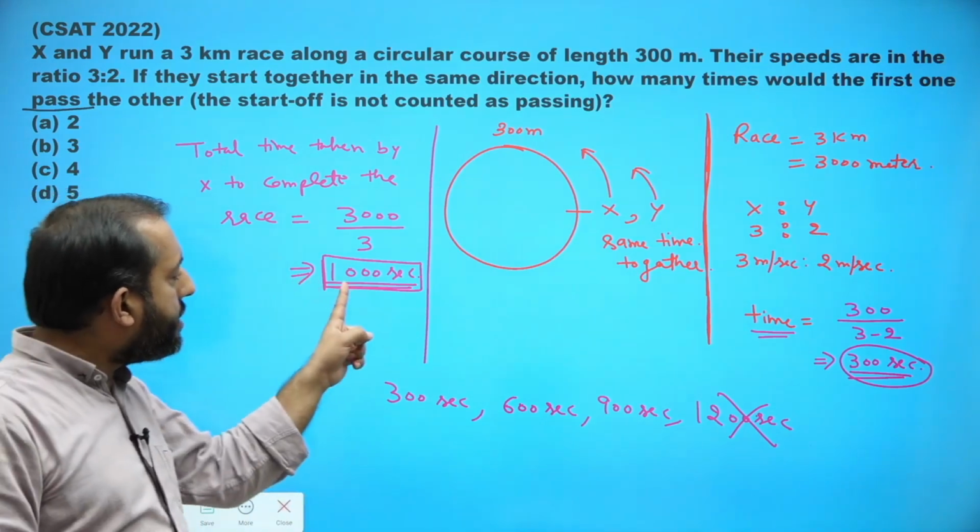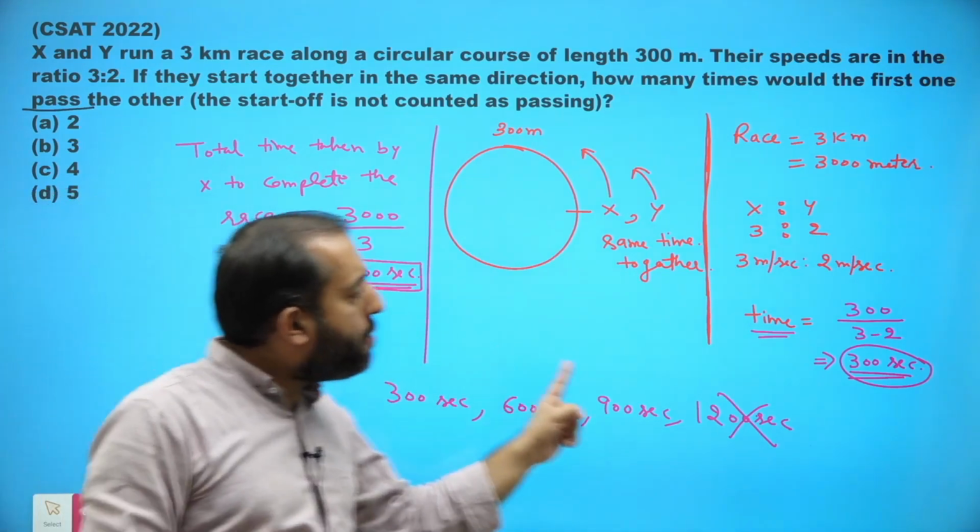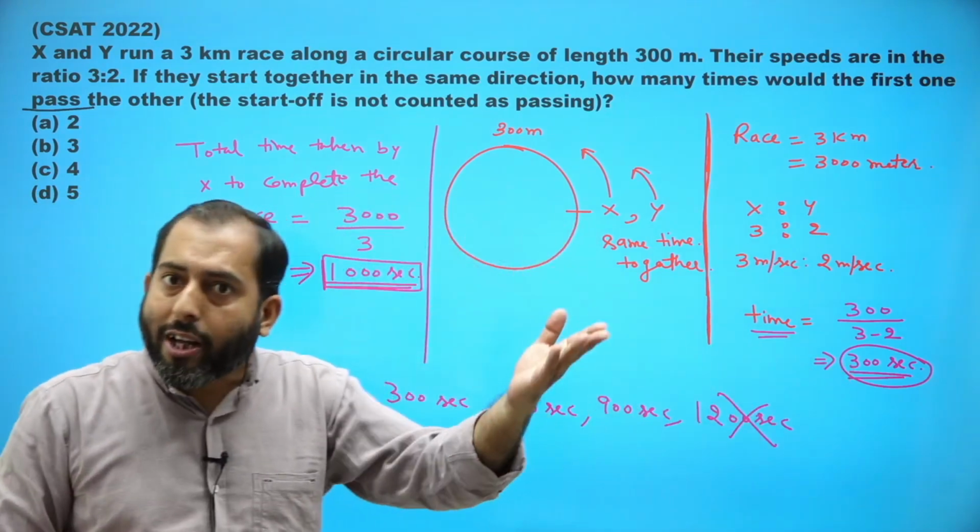So in these 1000 seconds, X will meet Y after every 300 seconds.